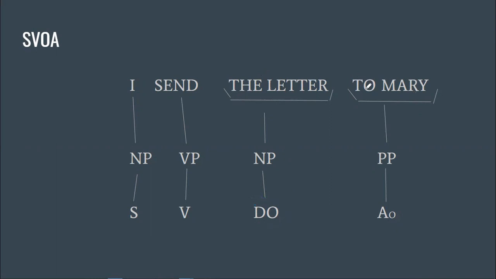"To Mary," a preposition and a noun phrase, so it's a prepositional phrase acting as an adverbial of the object, because the letter was sent to Mary. But the letter is the direct object. So we have SVOA.